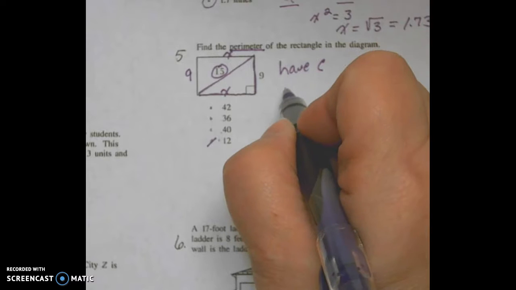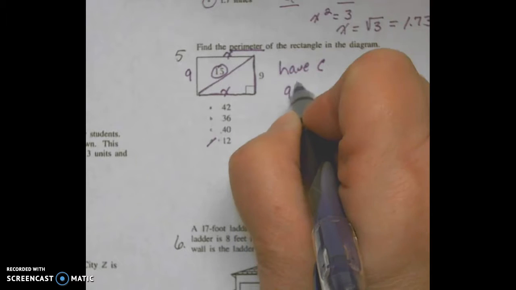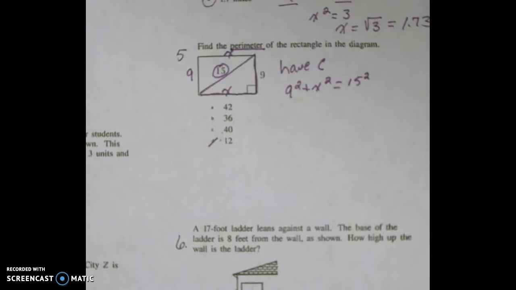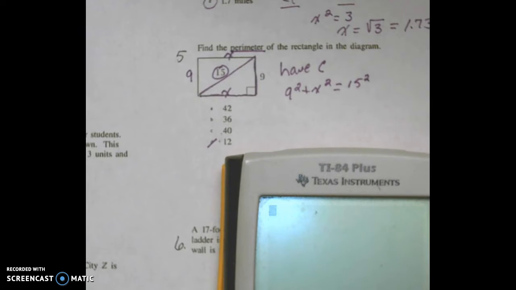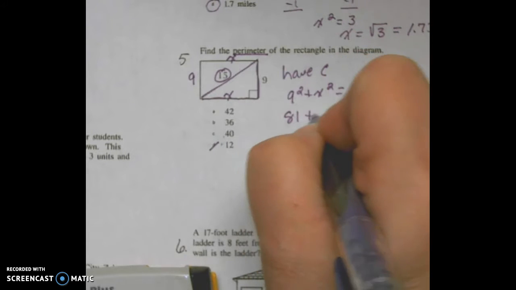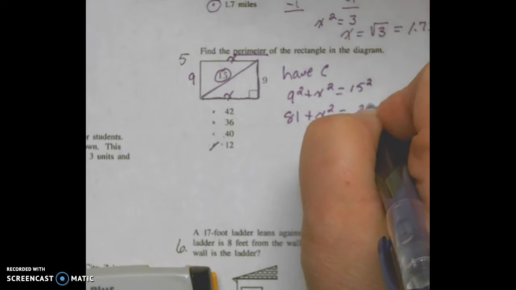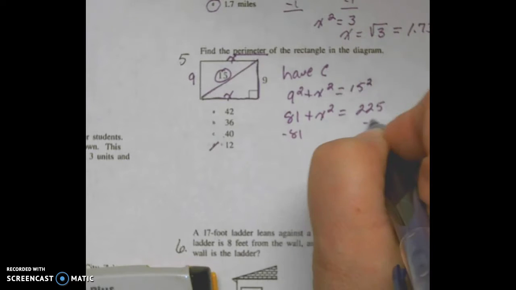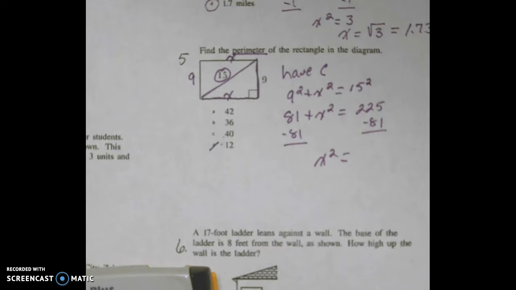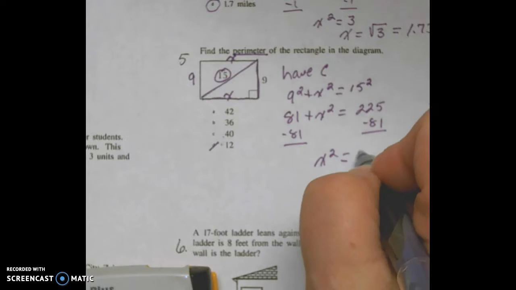So again, if I'm using my Pythagorean theorem, I have 9 squared plus x squared equals 15 squared. Nine squared is 81, and 15 squared is 225. So 81 plus x squared equals 225. I need to subtract the 81 from each side. That'll give me x squared equals 144.